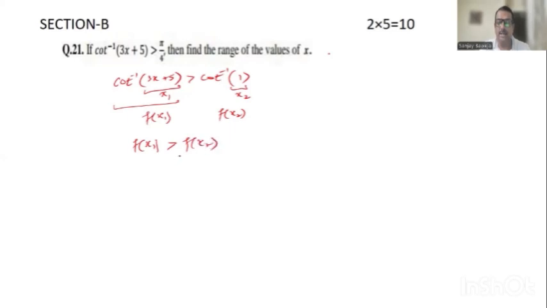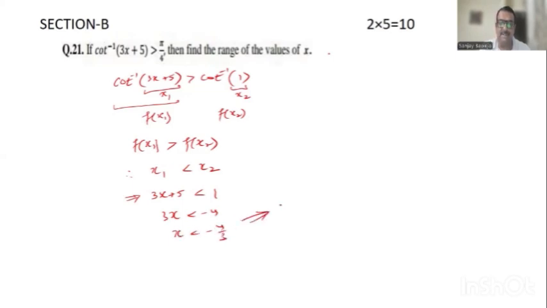Now we know that cot inverse x is a decreasing function. Therefore, if f(x1) is greater than f(x2), then x1 should be less than x2, which implies 3x plus 5 is less than 1.